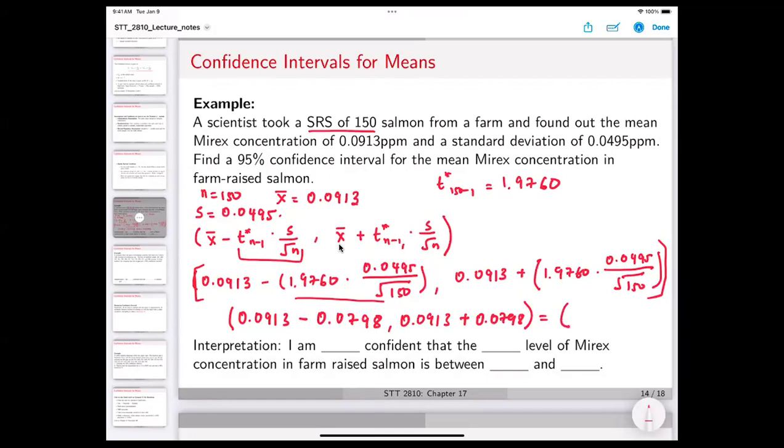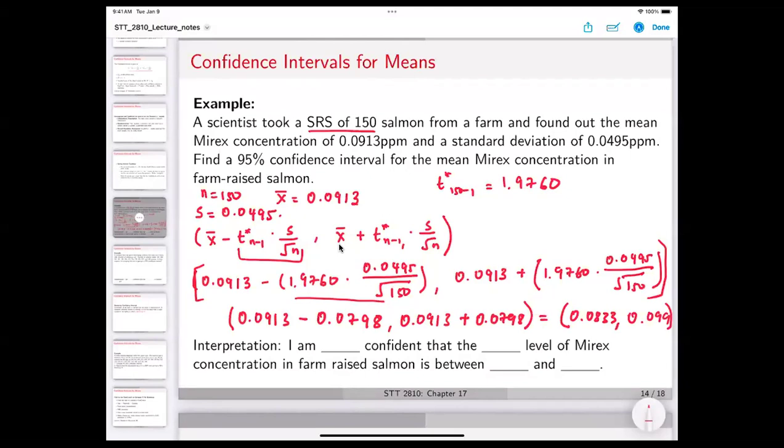So then the confidence interval is going to be 0.0833 and then I got 0.099.